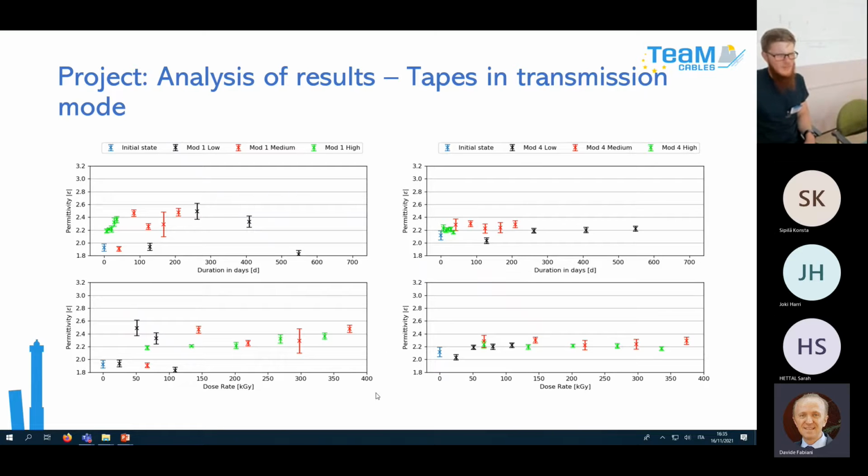A bit weird, in my opinion. Now, if we are looking at modification 4, the modification with antioxidants, we would expect every value to be constant, or at least the first values to be equal to the initial state, as, of course, the function of an antioxidant is to stop the aging, or to not allow aging.